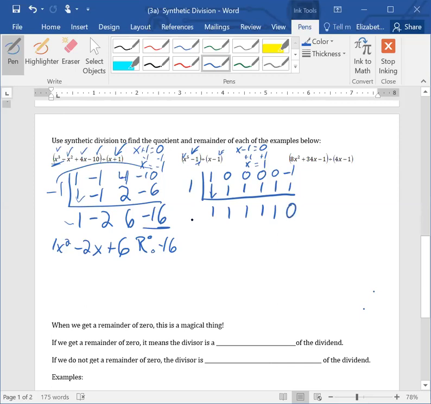All right, so let's look. Remember, we had x to the fifth starting out, so we're going to start out with x to the fourth. So I have 1x to the fourth plus 1x to the third plus 1x squared. Did I do this right?